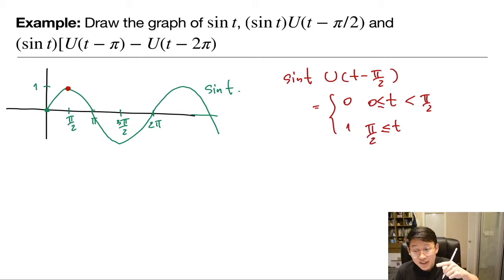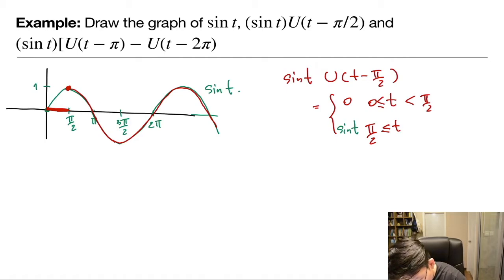The u(t-π/2) is 0 and 1, but you multiply it by sin(t). So here it needs to be sin(t), right? So to draw the graph of sin(t)u(t-π/2), it's going to look like that. Okay, it's going to be the same as sin(t), but it starts here. Down here would be 0. Makes sense? Okay. Let me use the pink color. So it would look like that.